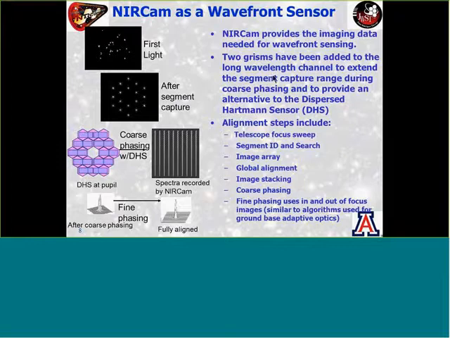Here's a little bit about how NIRCam works as a wavefront sensor, and in very schematic form this is showing what happens after launch. We first turn on and we'll see 18 dots of light, one star per primary mirror segment.